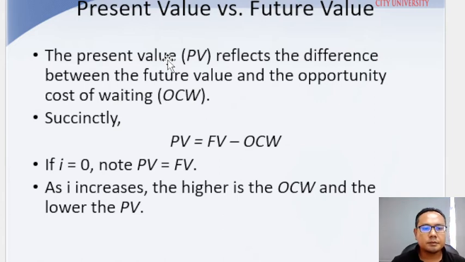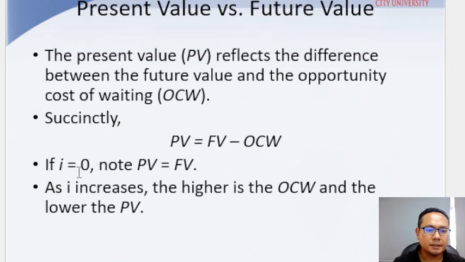Then we move to present value versus future value. The present value reflects the difference between the future value and the opportunity cost of waiting. You can see from this formula, PV equals FV, future value, minus the opportunity cost of waiting, OCW.